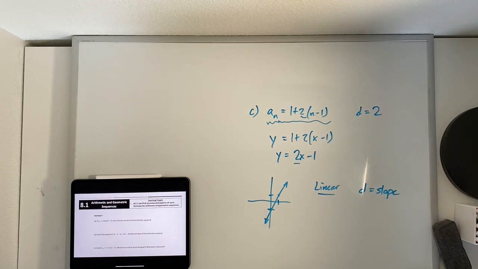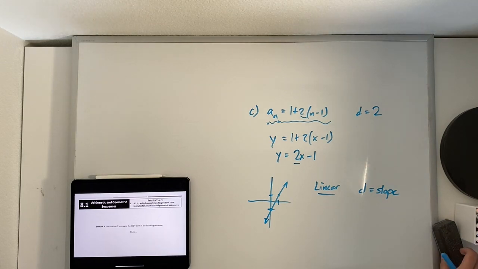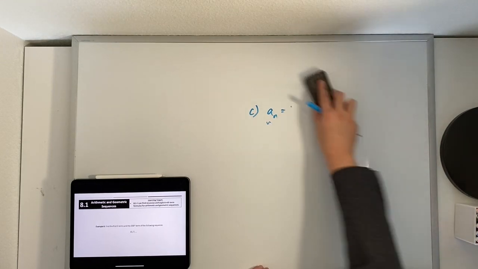And this would work no matter what arithmetic sequence we have. That common difference is our slope value. That's pretty important. And in fact, this is where you have seen, in theory, sequences most extensively. This was back in Algebra 1, where you learned that linear functions are the same thing as arithmetic sequences. Pretty powerful stuff.